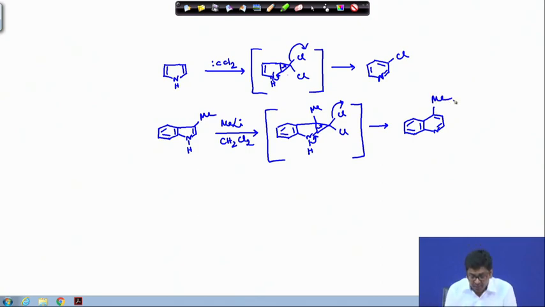So, starting from indole moiety, we are getting another very important nitrogen containing heterocycle, that is called quinoline moiety.